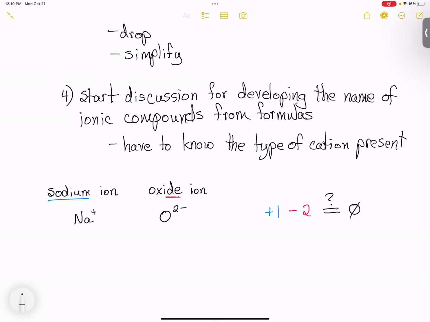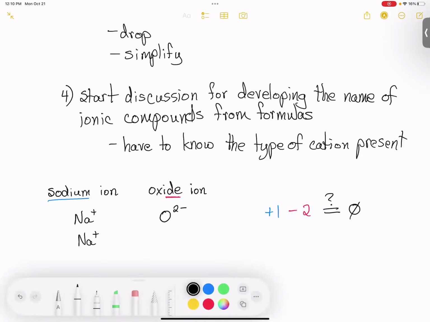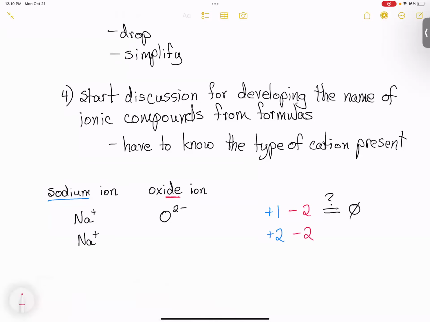The positive. So we need to add another sodium to this. When we add another sodium, we now have a +2 and we have a -2. And again, the question is, does that equal 0? Yes.